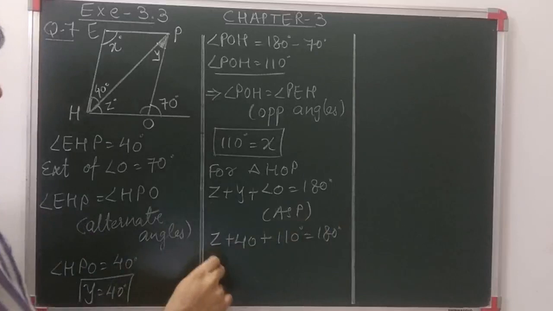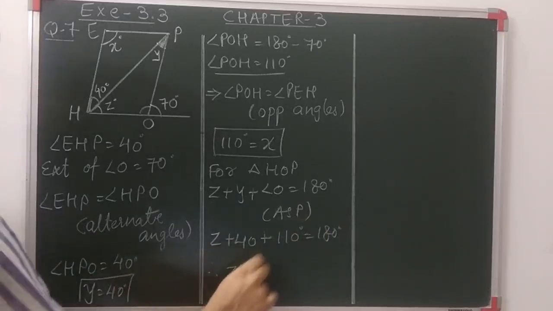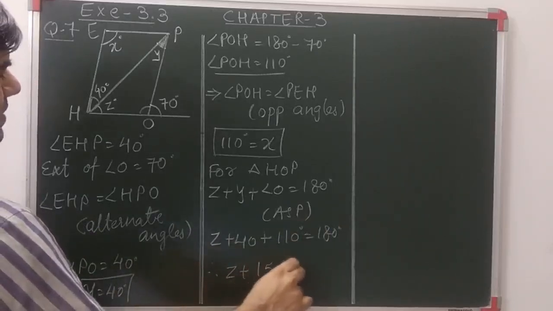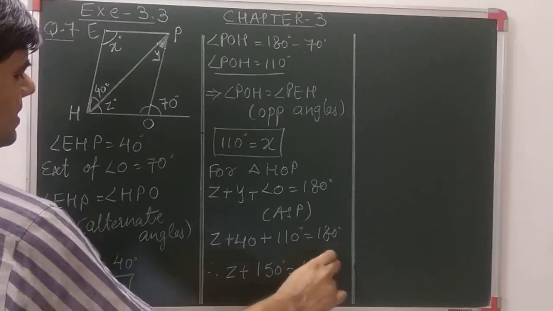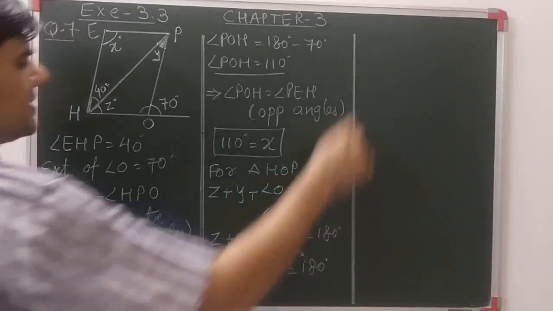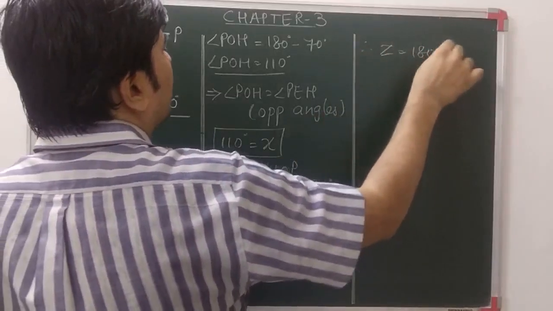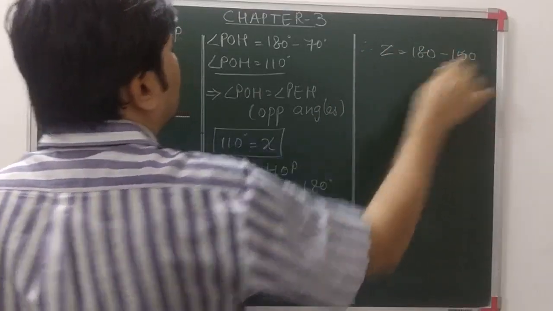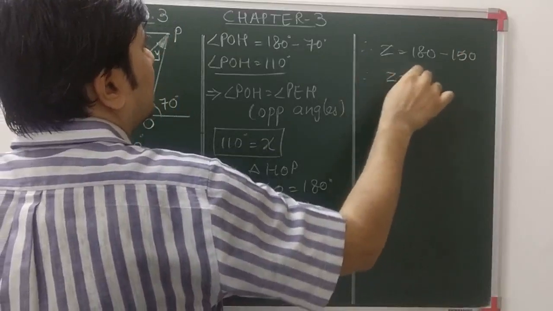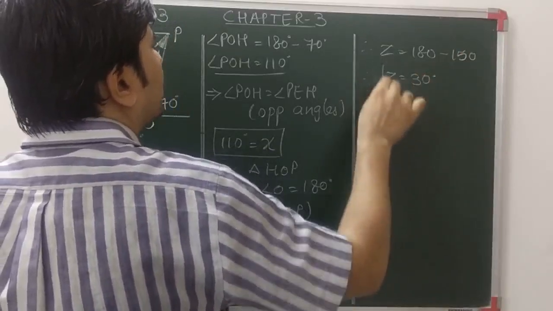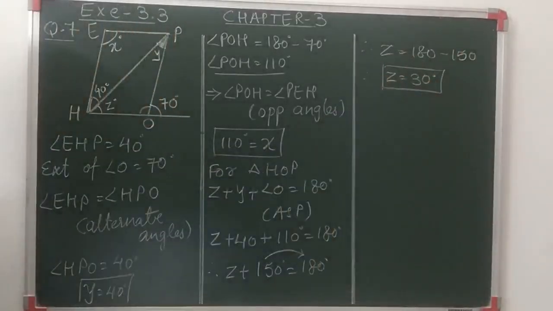So let us keep z as it is. The sum of these two is 150, and the total is 180. Let me take this 150 to the right hand side. So the value of z is 180 minus 150, so the value of z is 30 degrees. Thus the values of x, y and z are obtained. It's a good question of 3 marks.